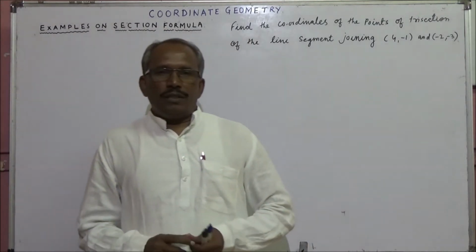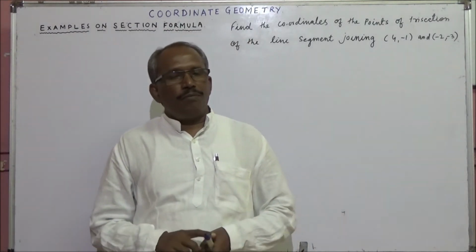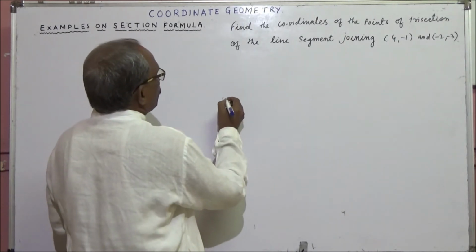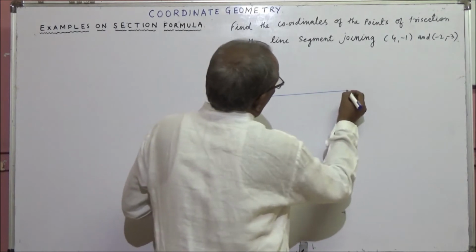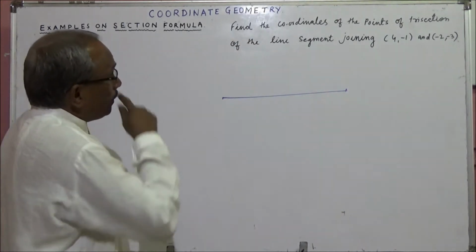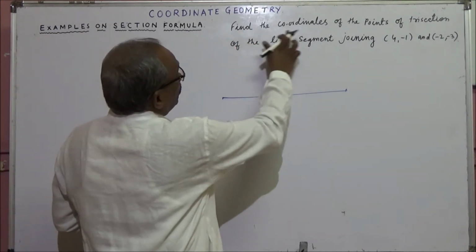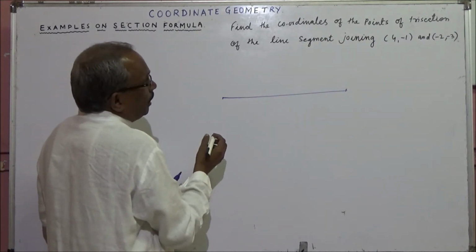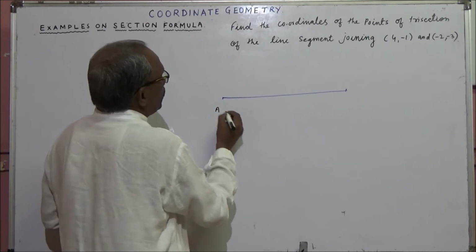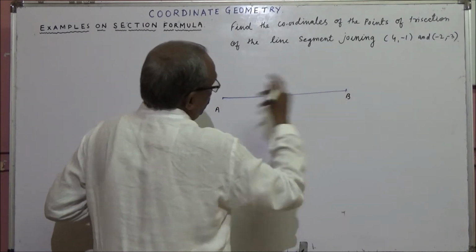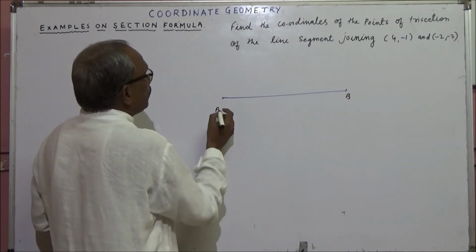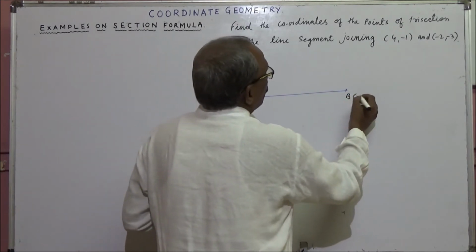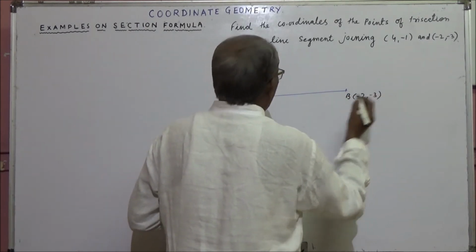Okay, dear students, let us solve one more example on section formula. So what is given here? That we have to find the coordinates of the points of trisection of the line segment joining 2 points here. Suppose this is the given line segment, that is (4, -1) and (-2, -3).